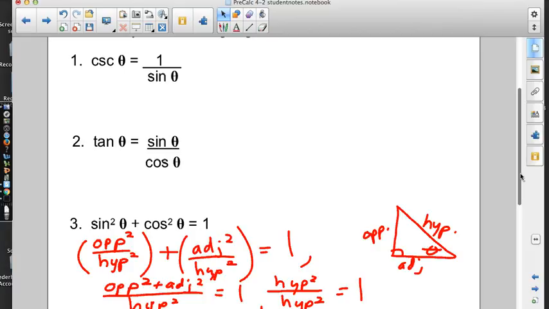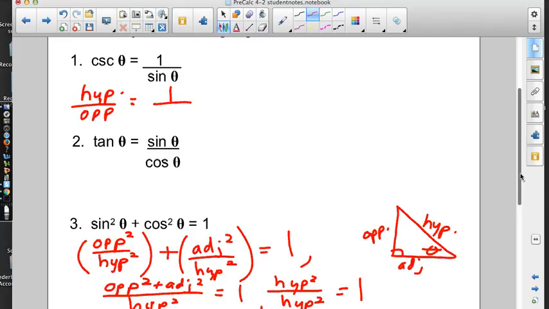Art, what'd you do? Well, I wrote it out as hypotenuse over opposite first. Oh, you started over here. Cosecant equals hypotenuse over opposite, which equals 1 divided by opposite over hypotenuse.